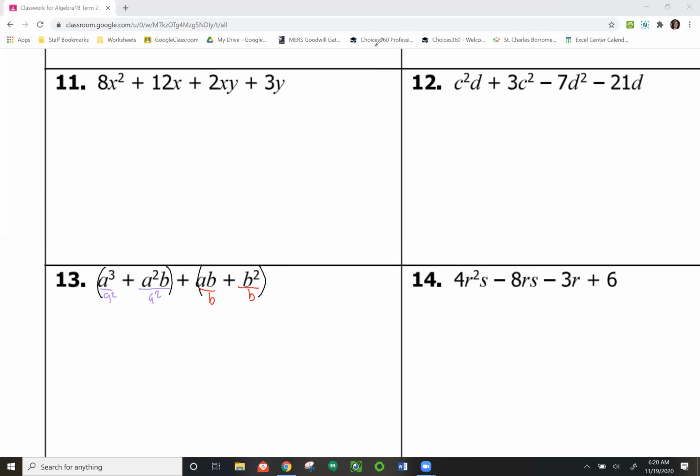So pull out the a squared. What am I left with in here? A cubed divided by a squared is a, plus, those will go away and you'll be left with b. Plus, I'm going to pull out my b, and I'll be left with a plus b.